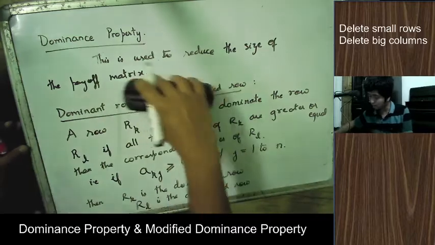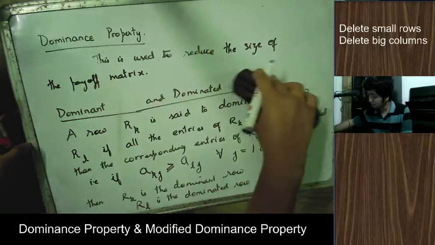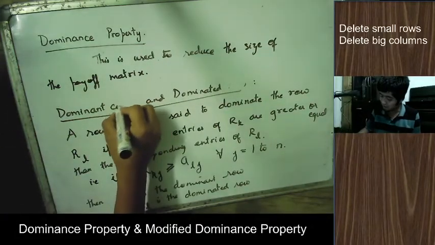What about columns? This is the case for rows. For columns, the definition changes slightly.